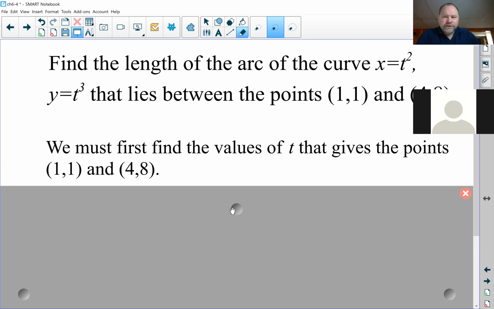And so if you look, the value for t that when I square it would give me 1, and if I cube it, it would give me 1. So I think that the lower limit, this first point, comes when t is equal to 1.